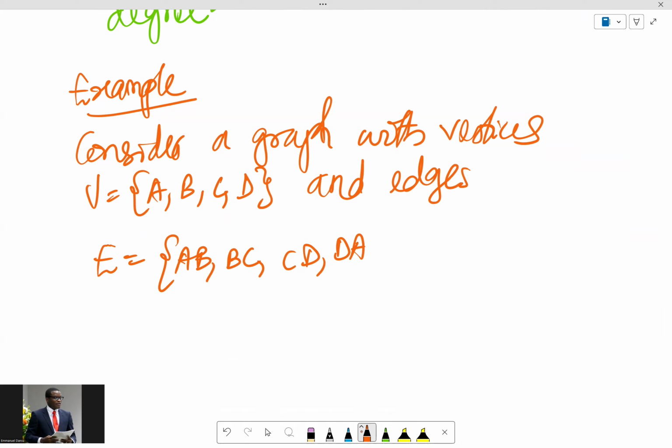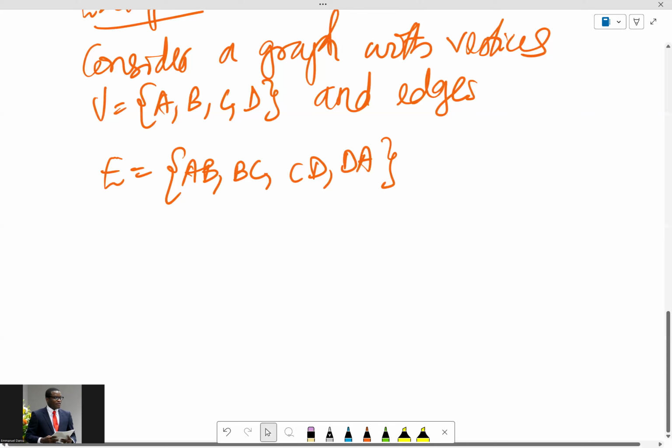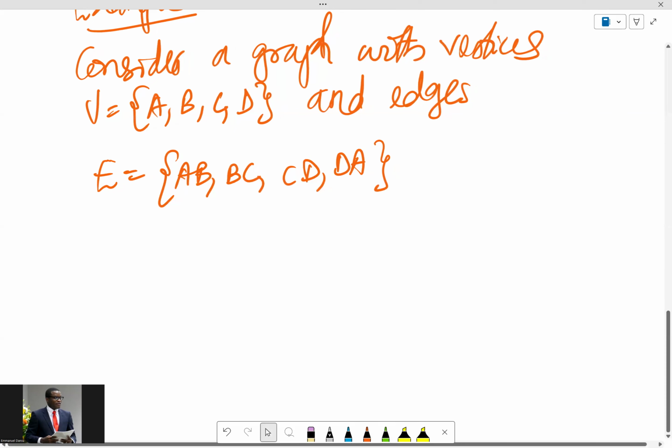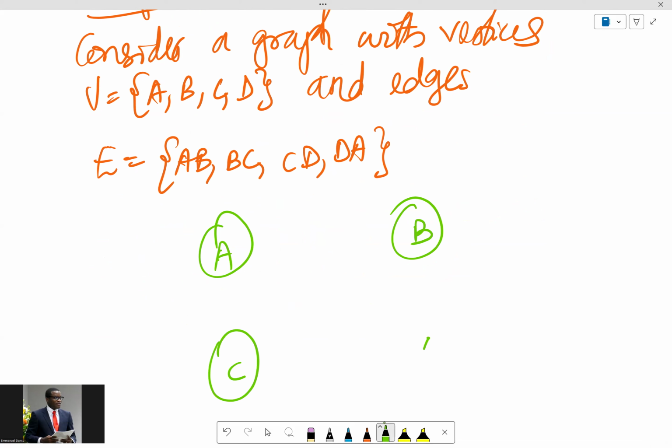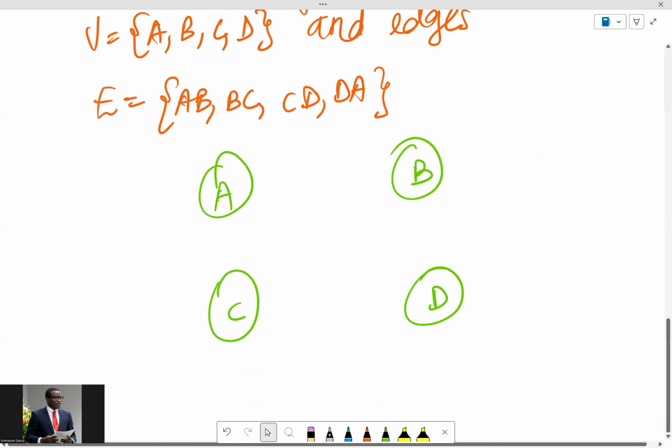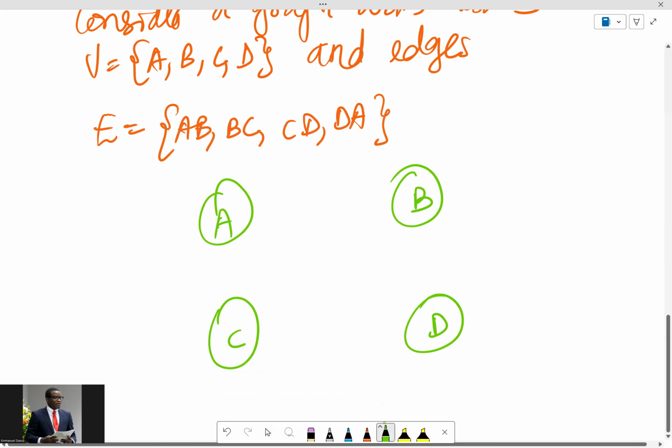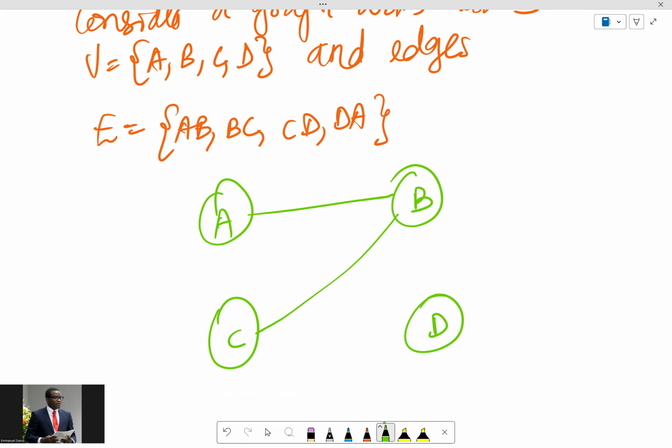Let's stop at DA. Now let's draw that to see what it looks like. Imagine you have A, B, C, D. Then you have edge AB, edge BC, edge CD, and edge DA.